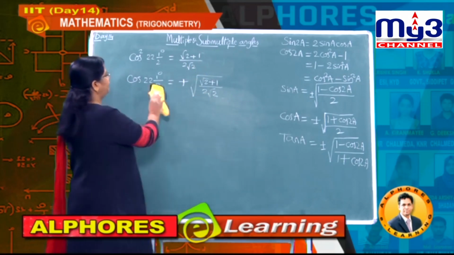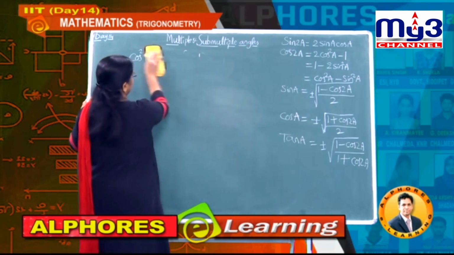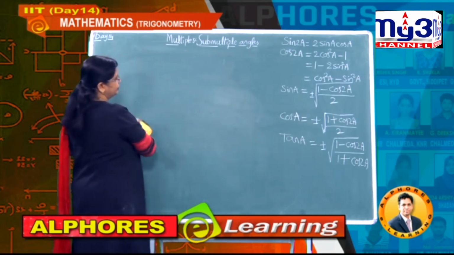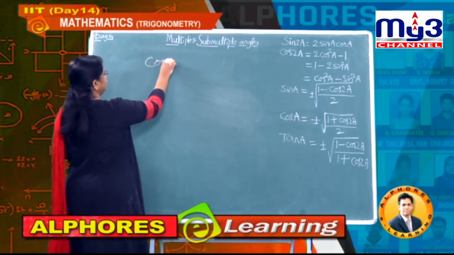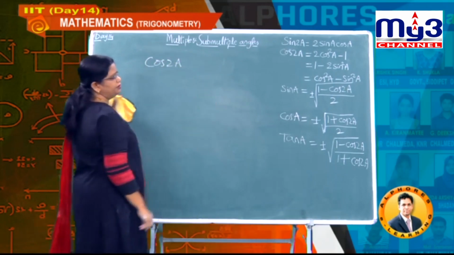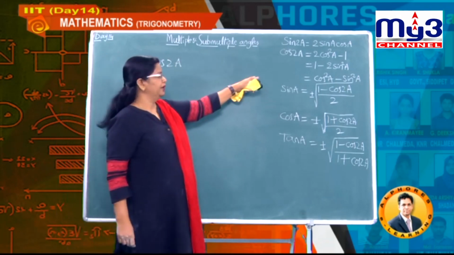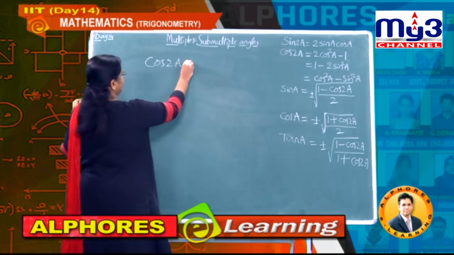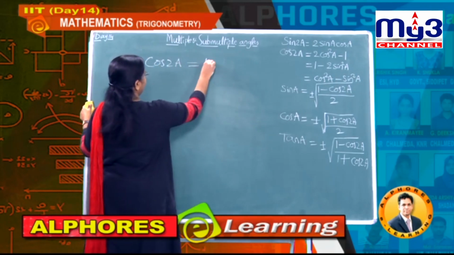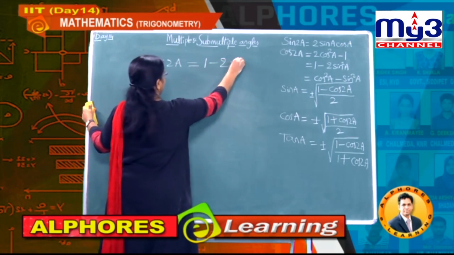Now let us see the formula for sin also. Cos 2a we used just now with the other formula, that is 2 cos square a minus 1. Now I am using 1 minus 2 sin square a. So cos 2a is equal to 1 minus 2 sin square a.